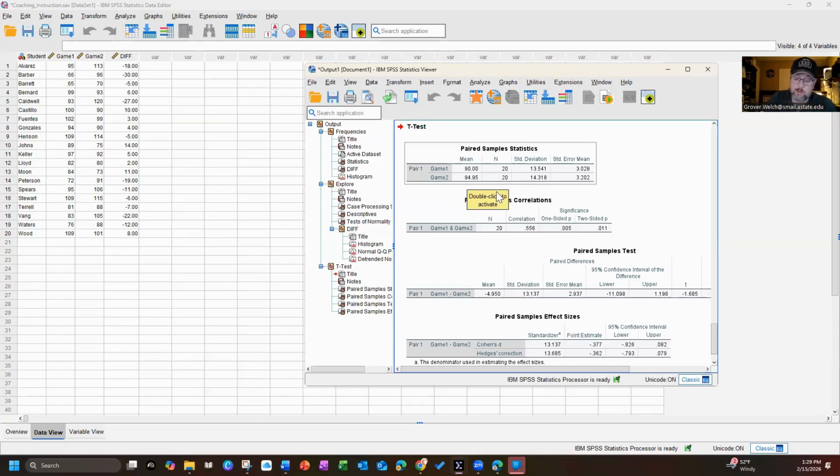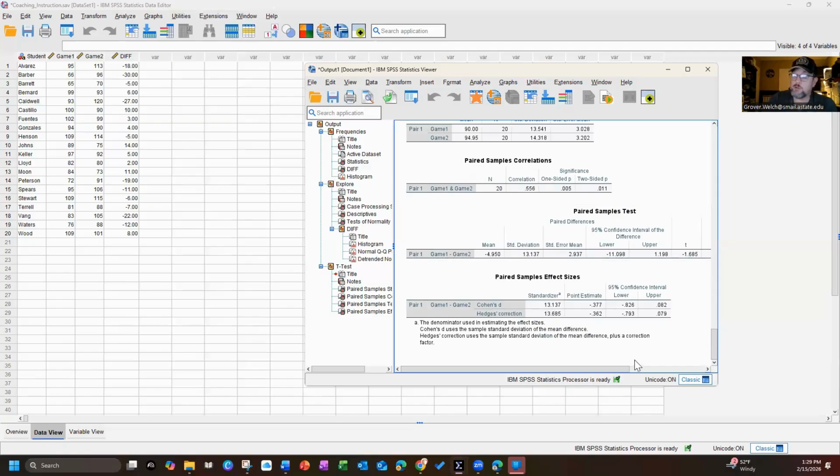This represents an increase of 4.95 points on average. My key values: game one, my mean is 90, my standard deviation is 13.54. In game two, mean is 94.95 with a standard deviation of 14.32.